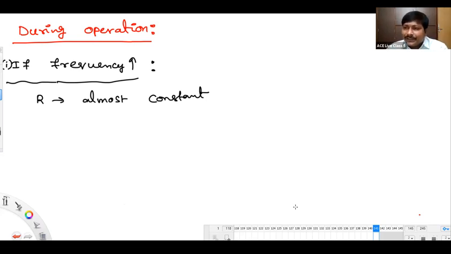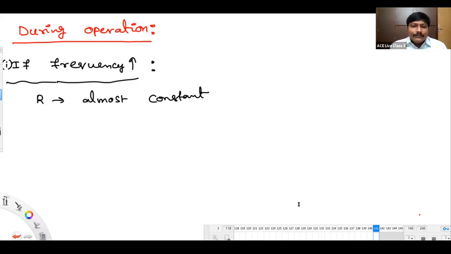What is the formula of inductance? 0.2 ln of GMD by GMR. Where is that frequency term? What is the capacitance formula? 2 pi epsilon naught epsilon r by ln of GMD by R. Where is the frequency term? So L and C values, and of course R also, are independent of frequency variations.